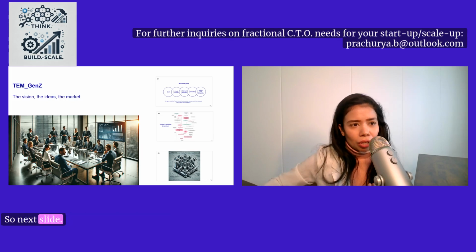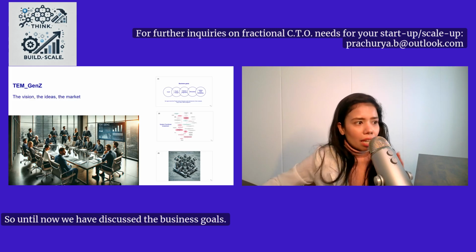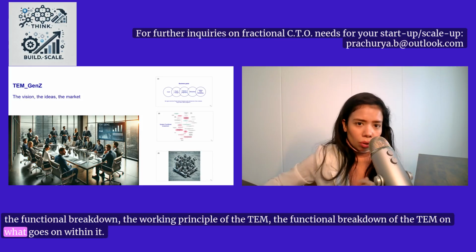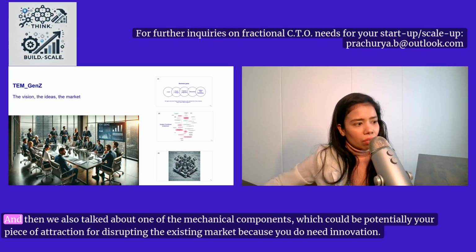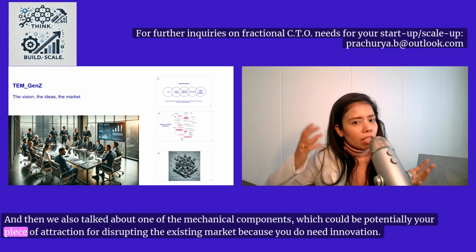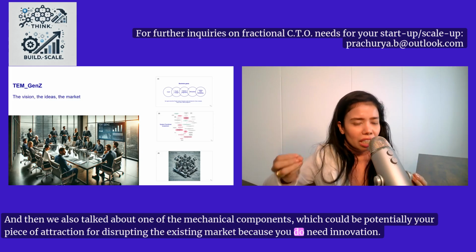So next slide. Until now, we have discussed the business goals, the functional breakdown, the working principle of the TEM, the functional breakdown of the TEM on what goes on within it. And then we also talked about one of the mechanical components, which could be potentially your piece of attraction for disrupting the existing market, because you do need innovation.